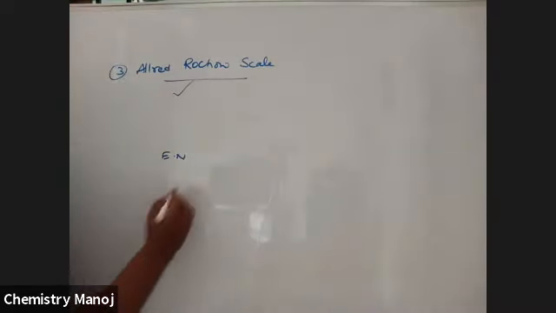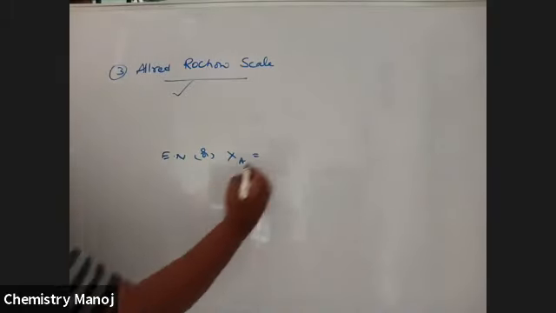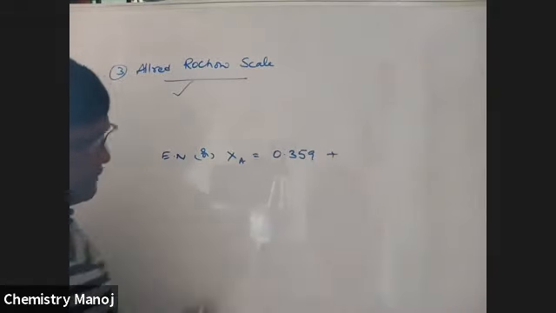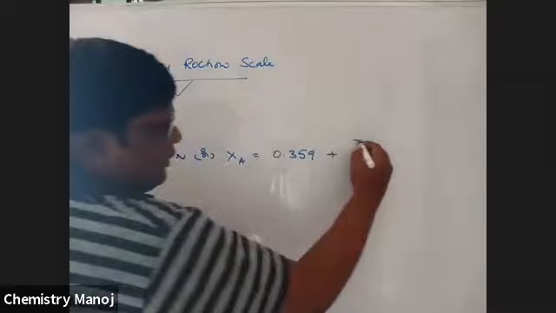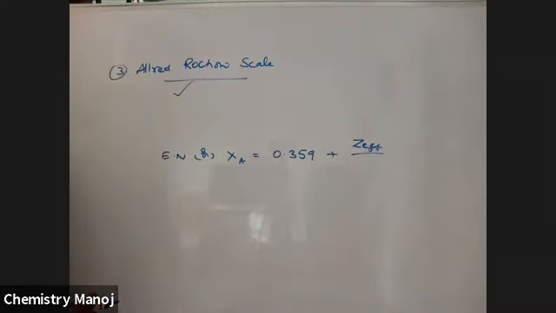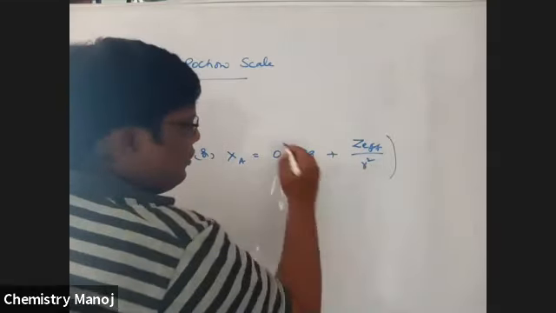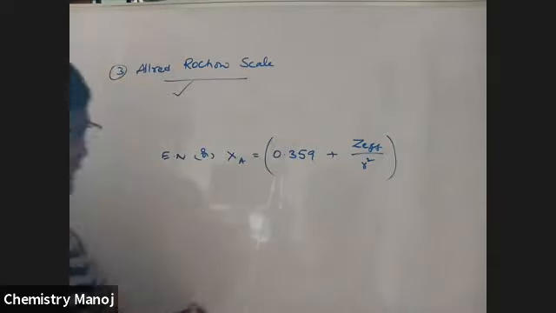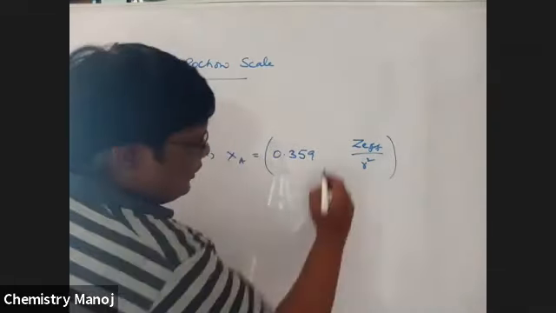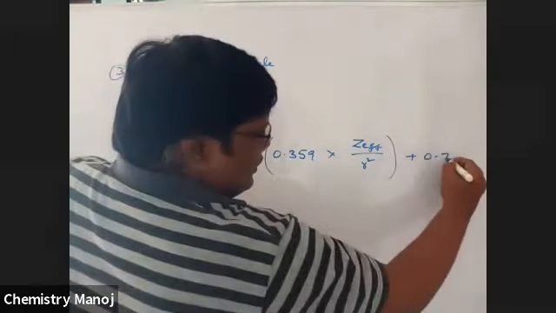electronegativity is equal to 0.359 times Z effective into R square divided by R square, plus 0.744.